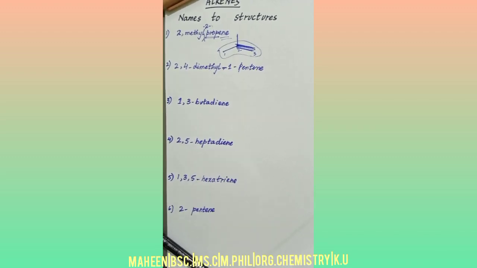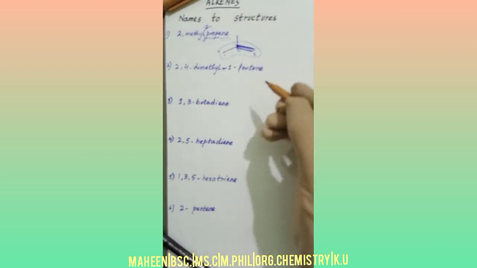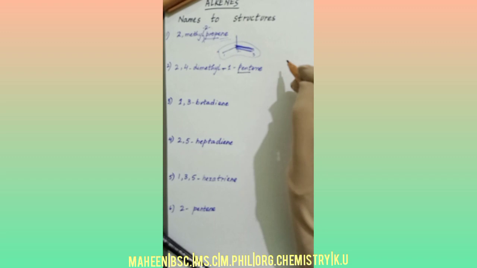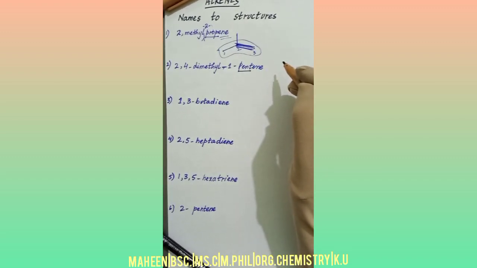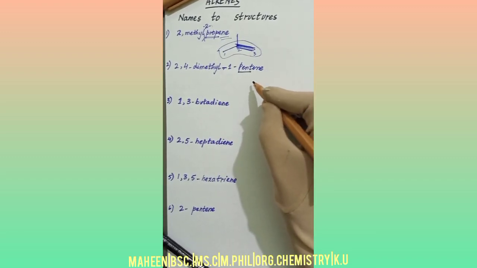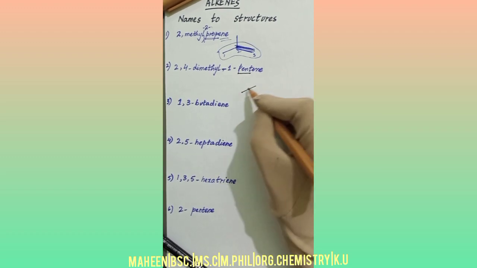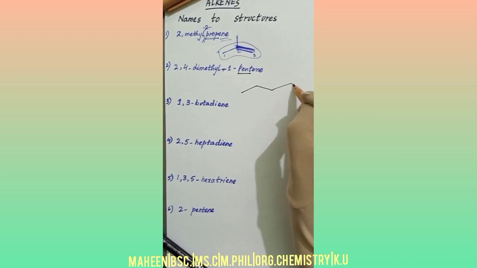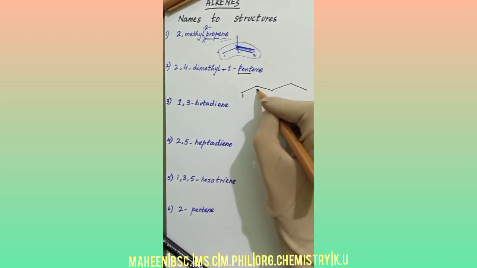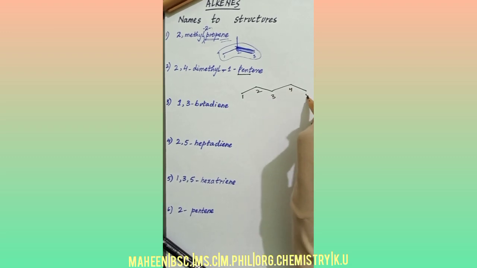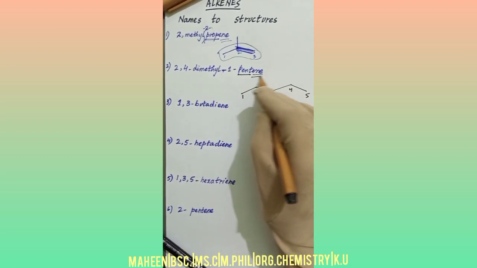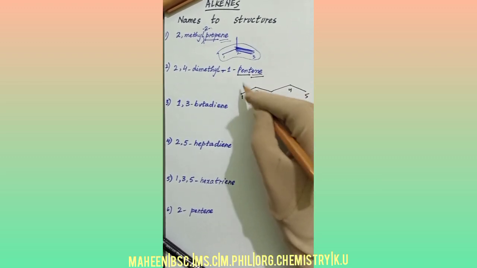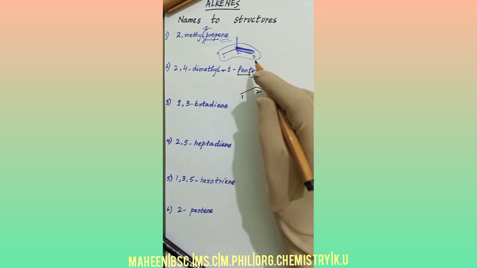Okay, now coming to the second structure, we have pent. Pent means 5, so I will make 1, 2, 3, 4, and 5. Okay, I will number them. And now ene, at which position? 1. Okay, so there is an alkene which is present in between 1 and 2.